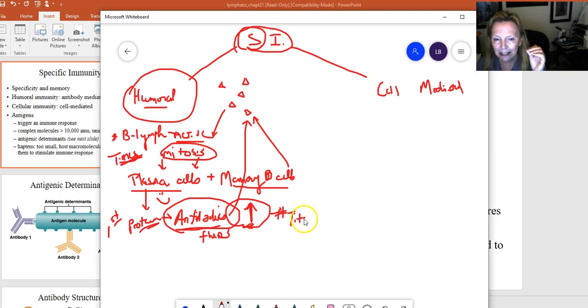You can test for the amount of antibodies present in serum, in plasma, in body fluids, and it can be incredibly diagnostic, because knowing the amount tells you that you're responding and that you've actually been exposed to that particular specific antigen.